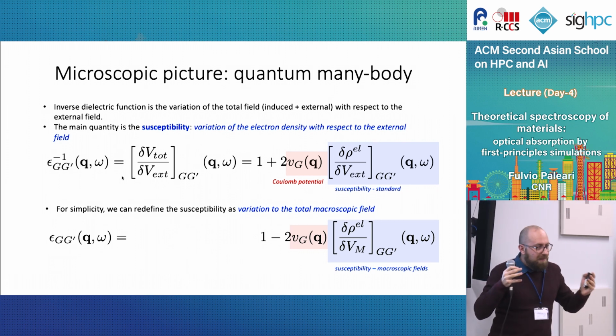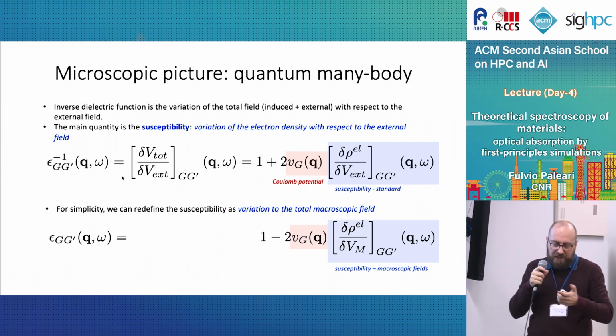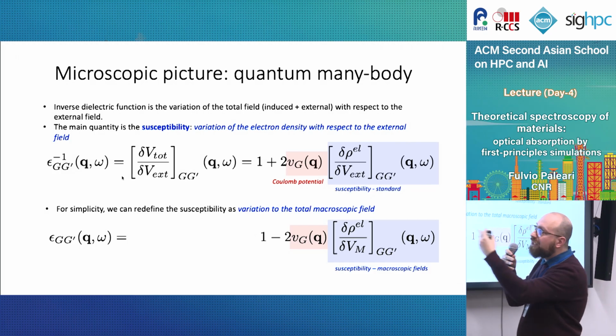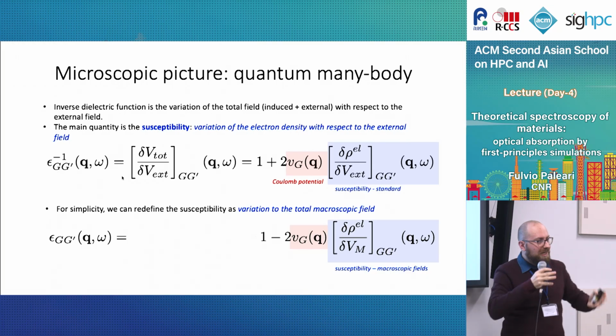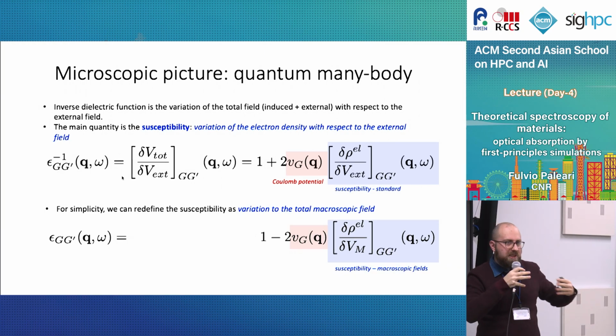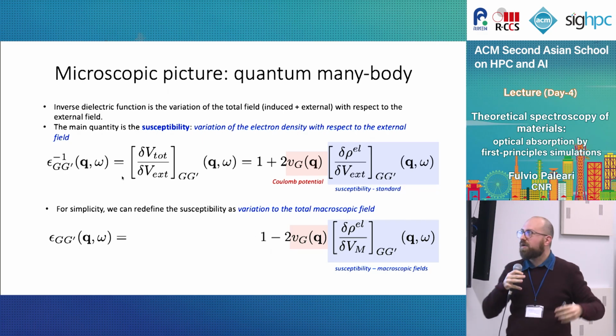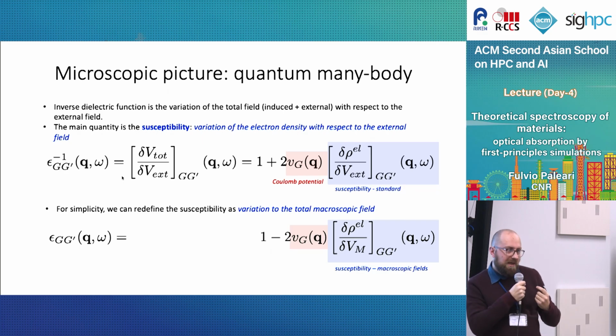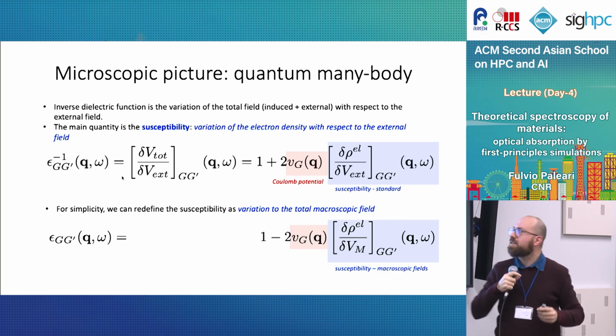Now, the microscopic form of the dielectric function. Well, the dielectric function is defined as the variation of the total potential inside the material with respect to the external potential, which is the laser field that is coming in. The total potential is the laser field plus the induced potential from the polarization of the charge inside the system.